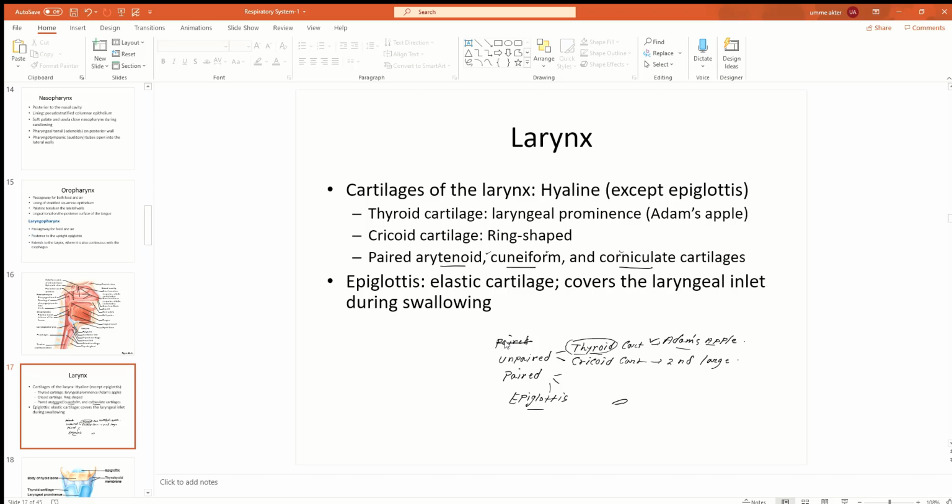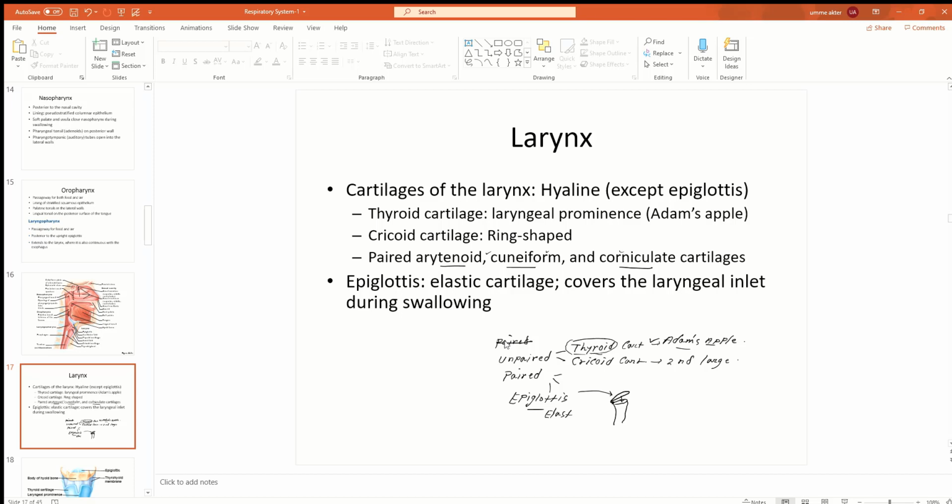So if this is the larynx, this is the inlet entrance of the larynx, and you have the epiglottis like this. So it will open and close, and epiglottis is like a cap on the laryngeal inlet, and it is an elastic cartilage. So that is helpful because elasticity helps it to move easily.